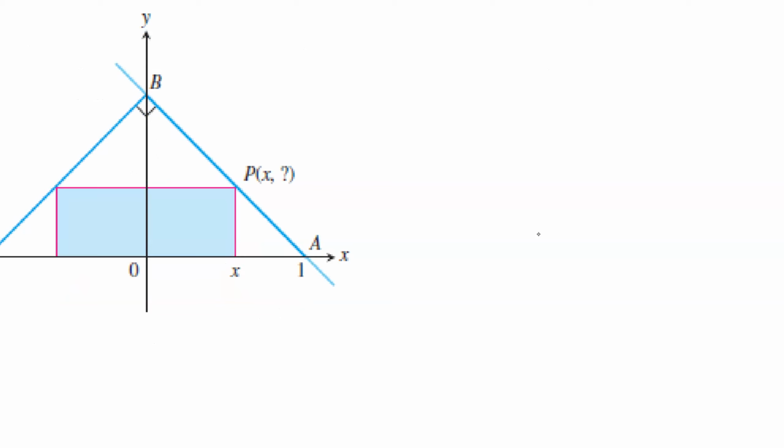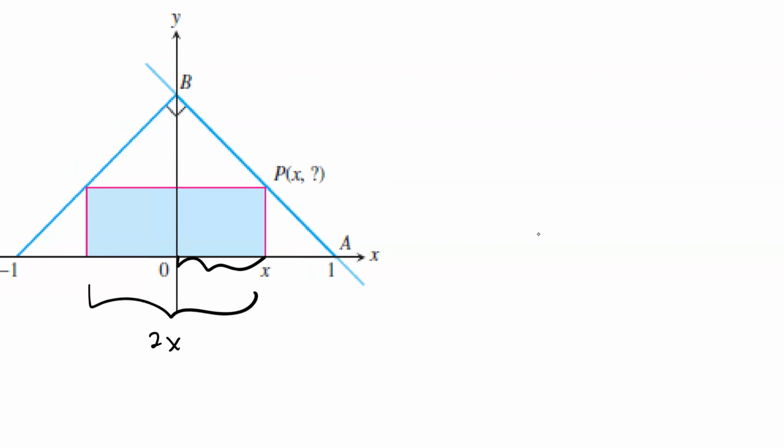So if this length right here is x, what's the total length across? 2x. Okay. And then I know that I thought 2 was from the hypotenuse of the triangle. The length of the hypotenuse is 2 units long.